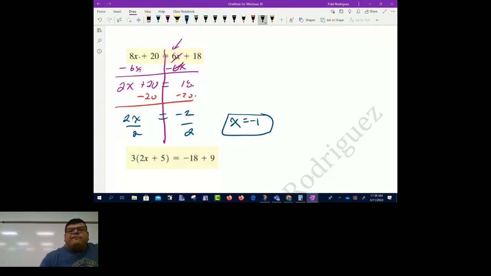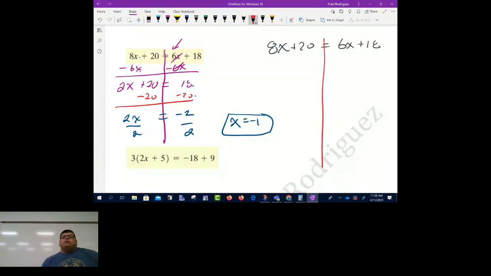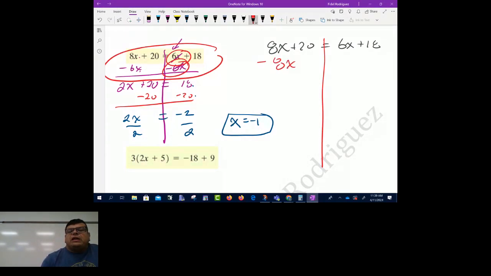Now, y'all, before I go on, I'm going to rewrite the same problem we had. And I want to show y'all, when we did this part here, the first thing we did is we said, let's get rid of the 6x. Okay, guys, instead of me getting rid of the 6x, suppose I would have said, I want to get rid of the 8x. If we would have done that, y'all, we would have had a 20 here. 6 minus 8 would just give me a -2.